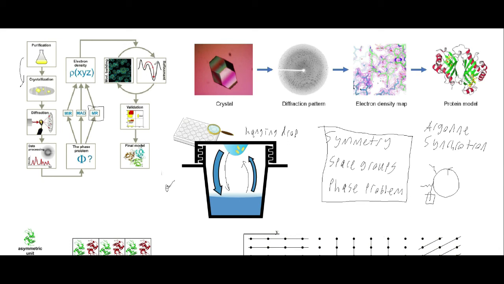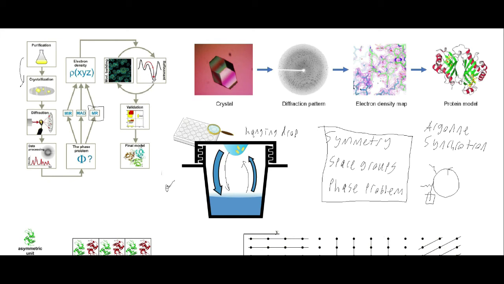You compare it with your diffraction data plus phases to do your refinement, and then you iterate through real space refinements, and then these Fourier space or reciprocal space refinements, and you keep doing that till you get through your validation.